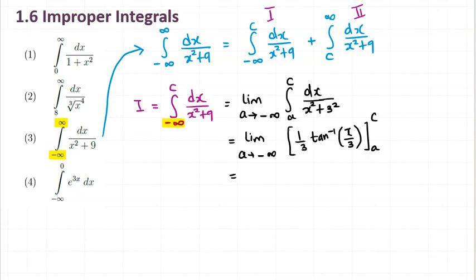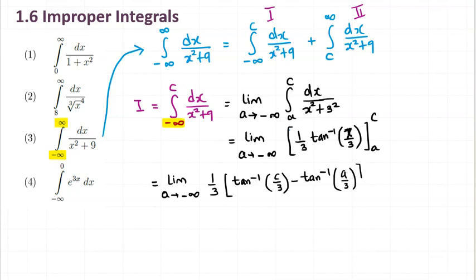Substituting the limit, one time we substitute x equal to c and other time replace it by a. So this gives you limit a goes to minus infinity 1 over 3 [tan inverse of c over 3 minus tan inverse of a over 3].